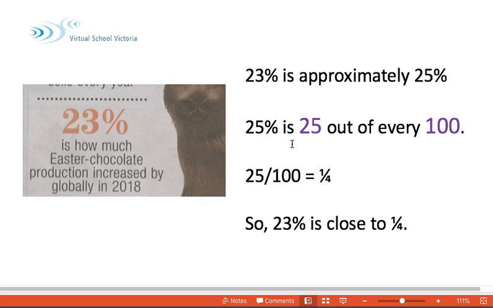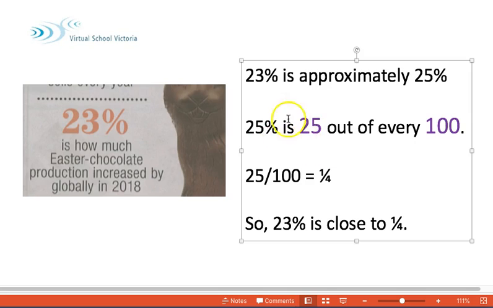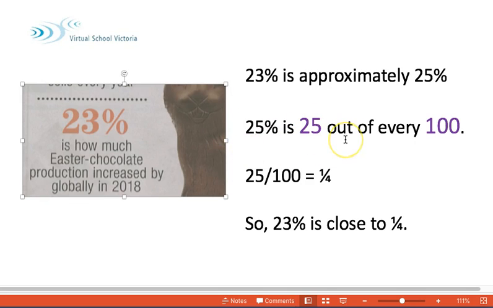So we're rounding it up a little bit, which means we're estimating. So how do we work with 25%? What does 25% mean? 25% means 25 out of every 100. And we can break that down to 1 quarter, or 1 out of every 4.